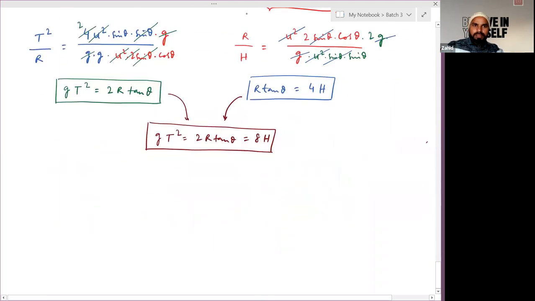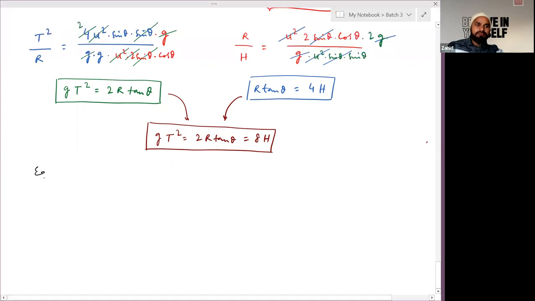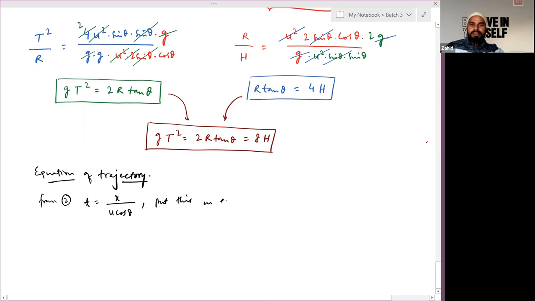There is one more relationship in terms of equation of trajectory. If you have to find the equation of trajectory, first, from equation 2, we may write t is equal to x divided by u cos theta, and put this in equation 4.